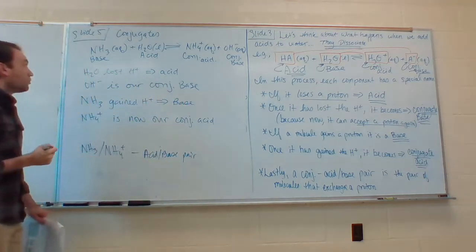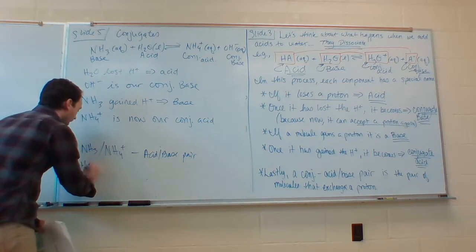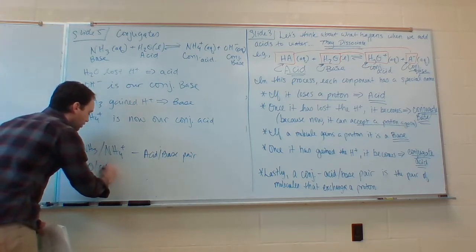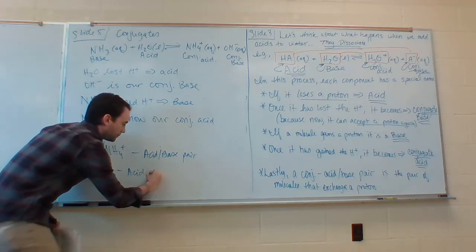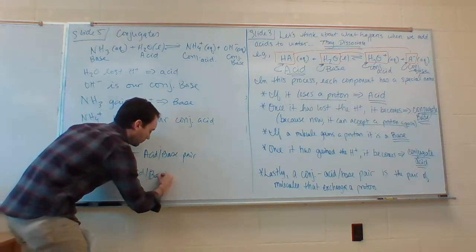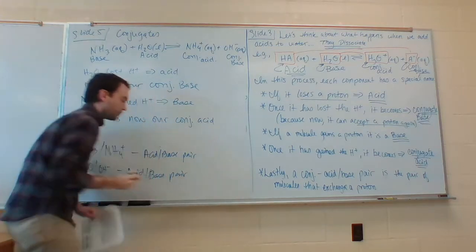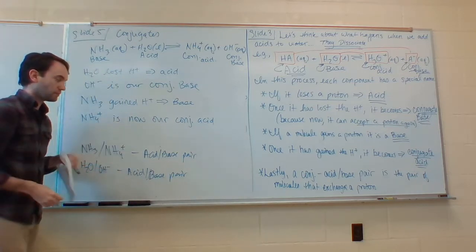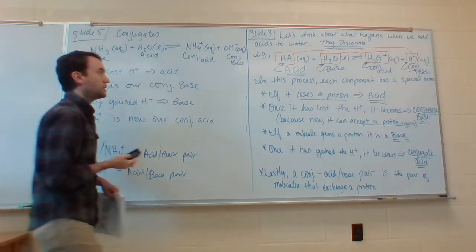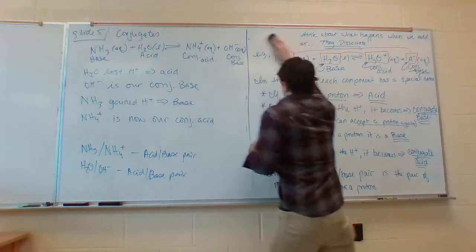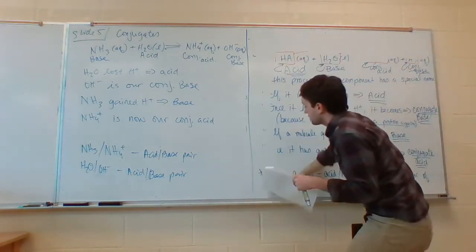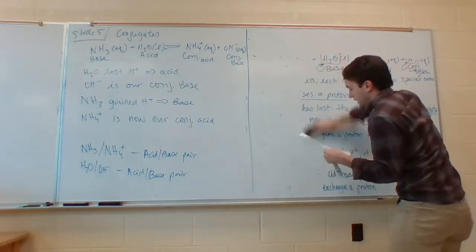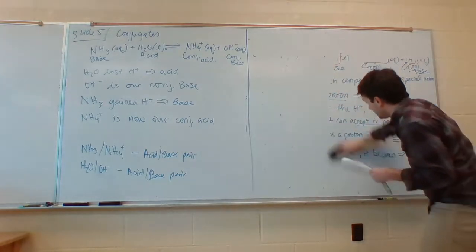We also have H2O, and H2O became OH minus in this case, so that is another acid-base pair. So let's do another example. Our next example is going to be on slide 6.